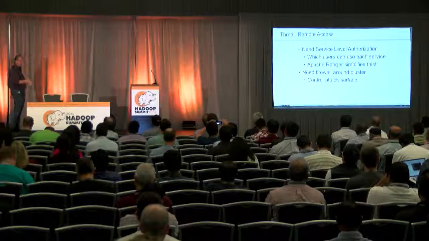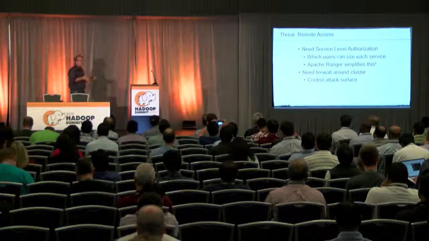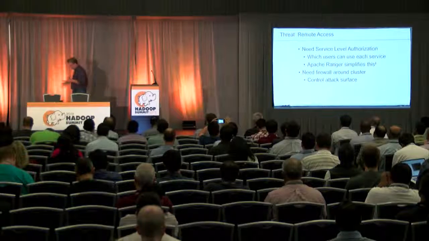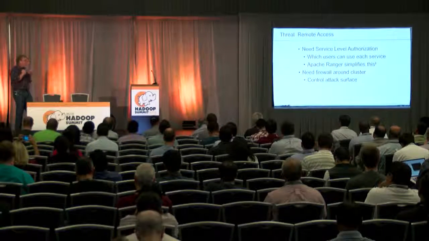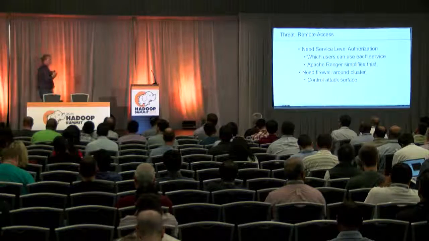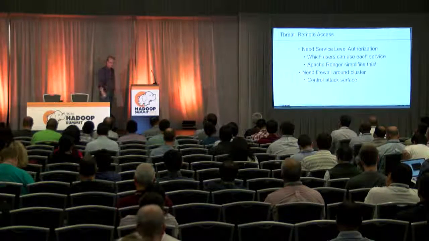They may not see very much because there may not be very much that's publicly visible, but you still don't want them to get in, right? It's about minimizing your access surfaces. And so you really want to define the service level authorization so that you can control exactly who's allowed to access your cluster in which way.